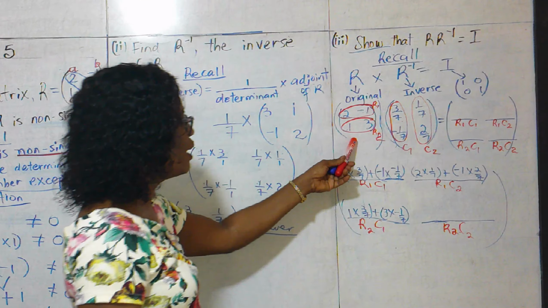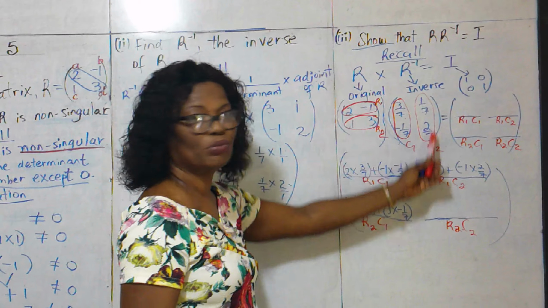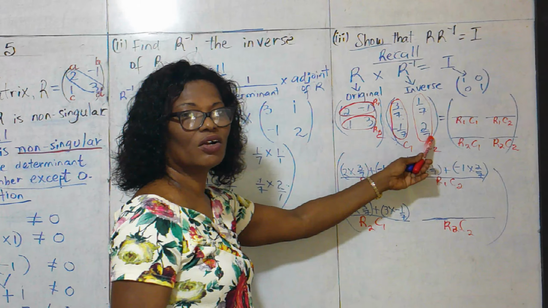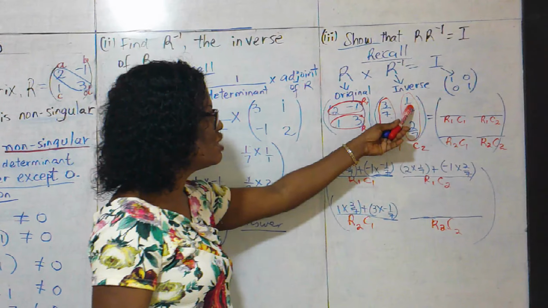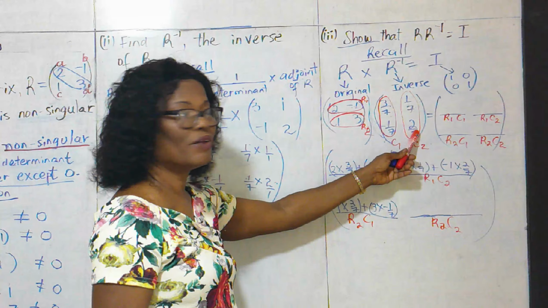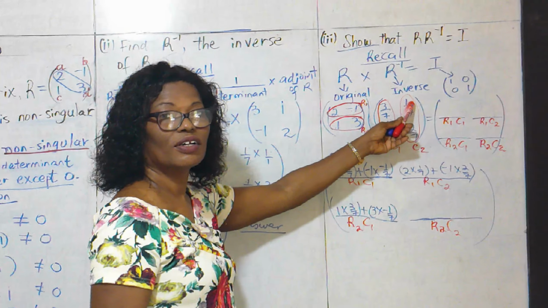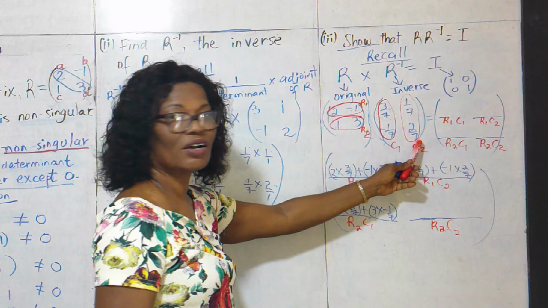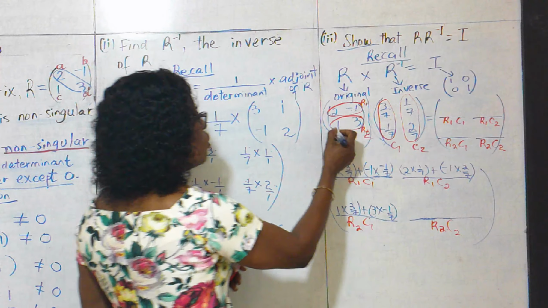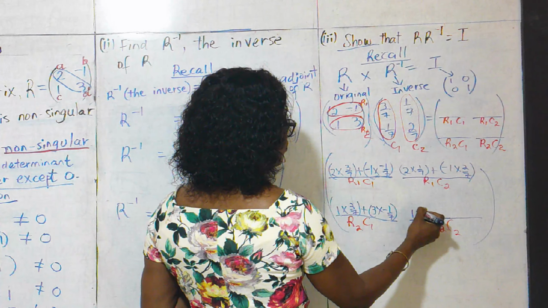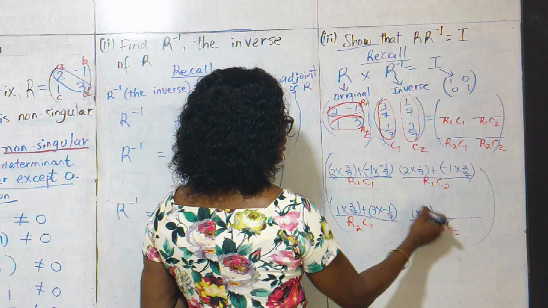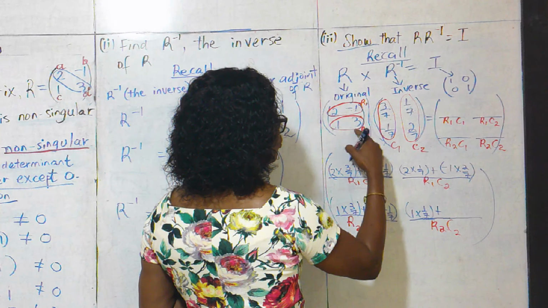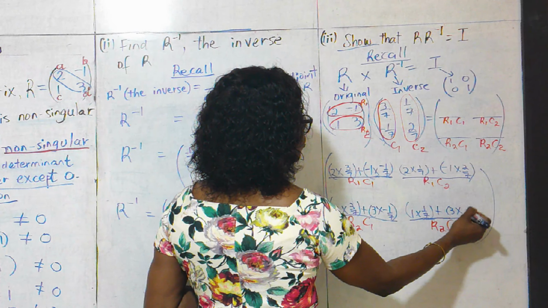Row 2, again, this time now with column 2. What are the elements in column 2? Two fractions, 1 seventh and 2 sevenths. This is the first element in the column, and this is the second element. So 1 with 1 seventh added to 3 with 2 sevenths.